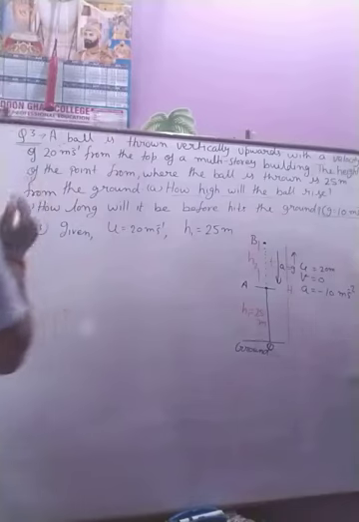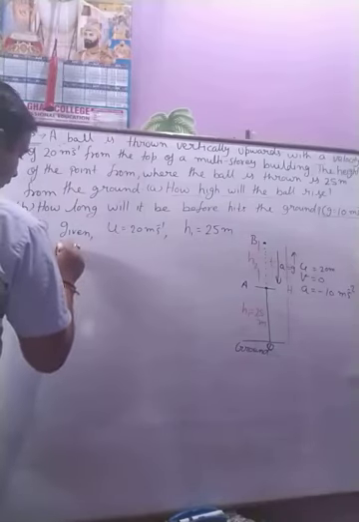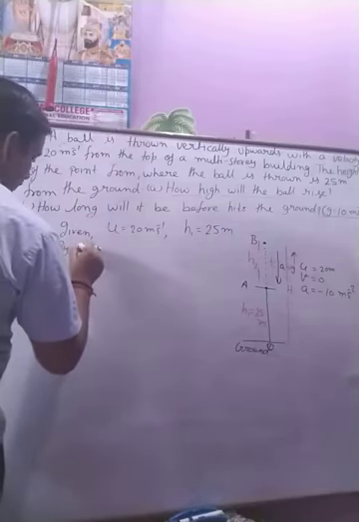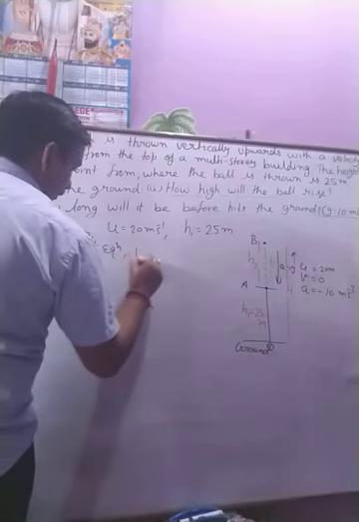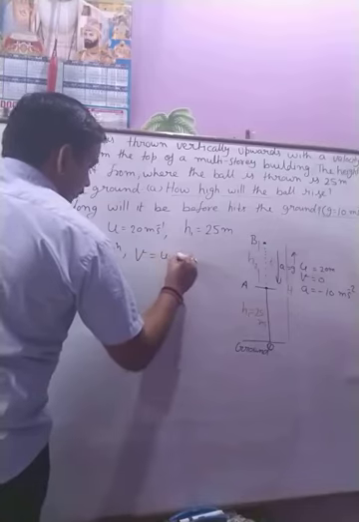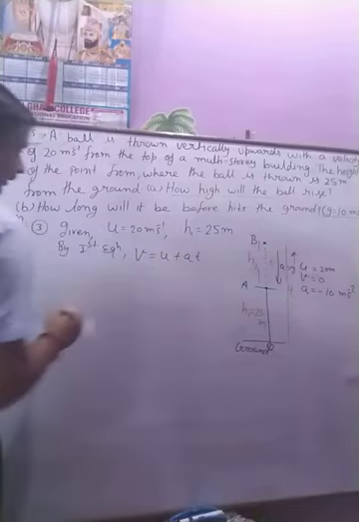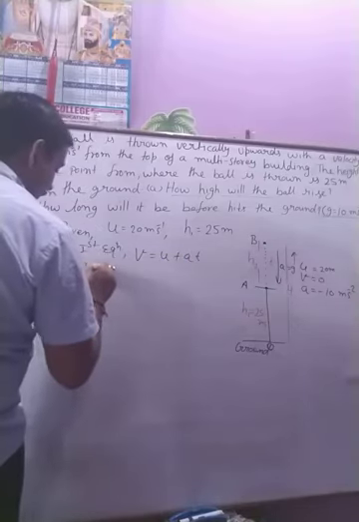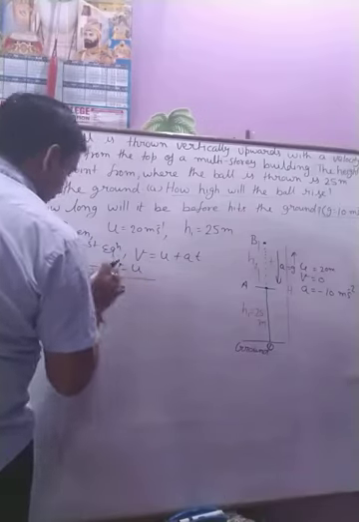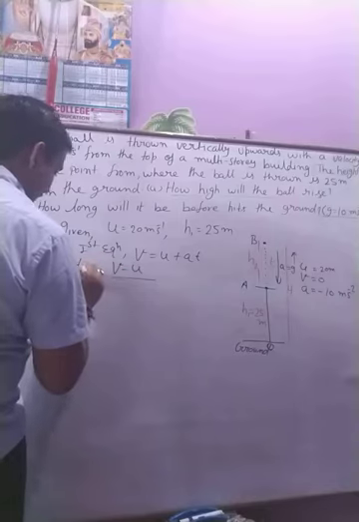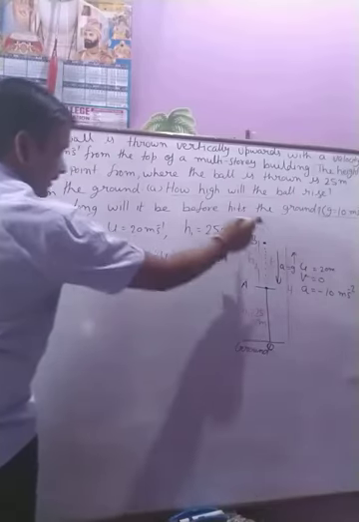Now by the first equation of motion, we have v equal to u plus at. Therefore a is equal to v minus u upon time, we need to calculate. We say t1, initial time is t1.